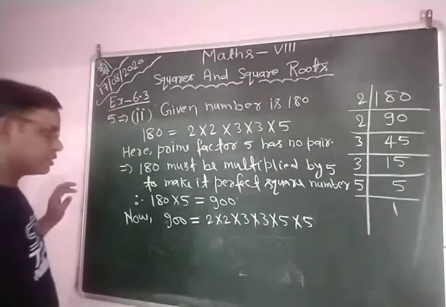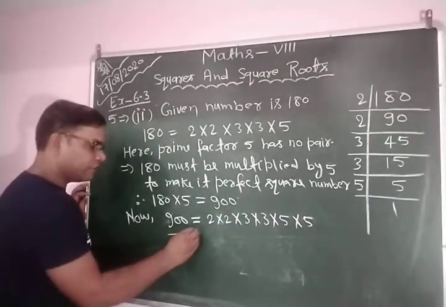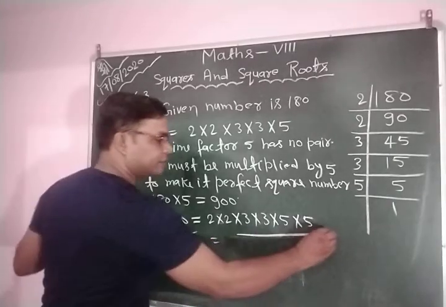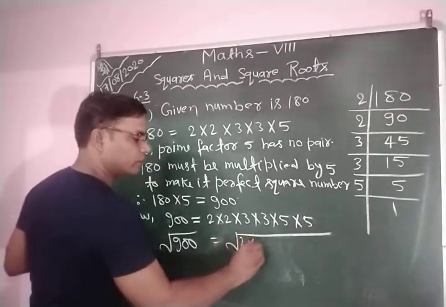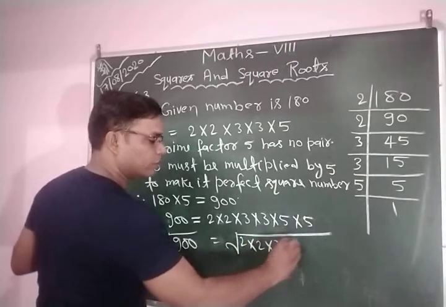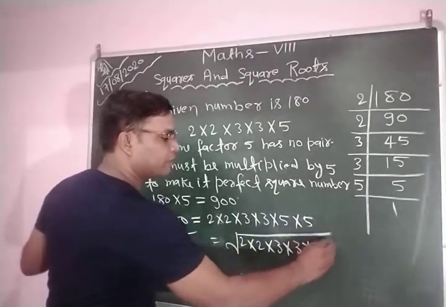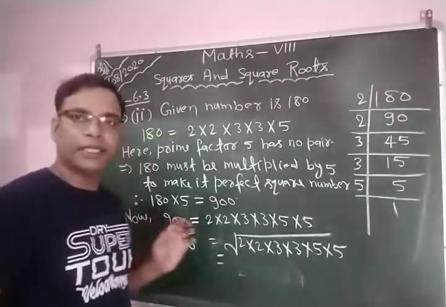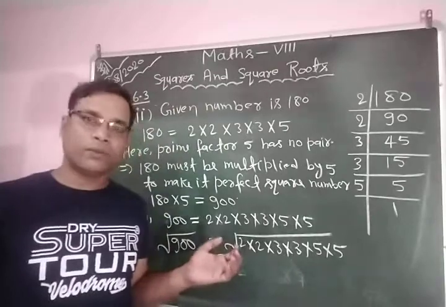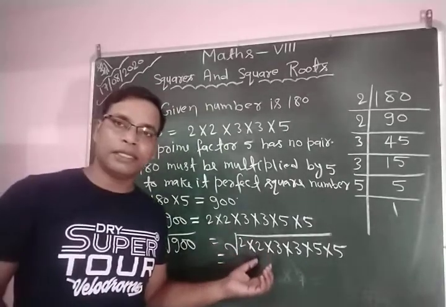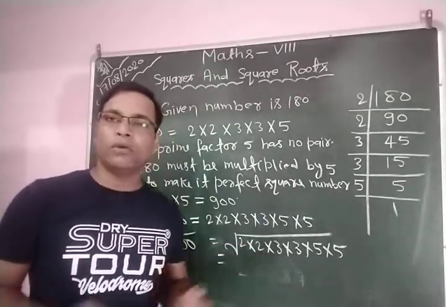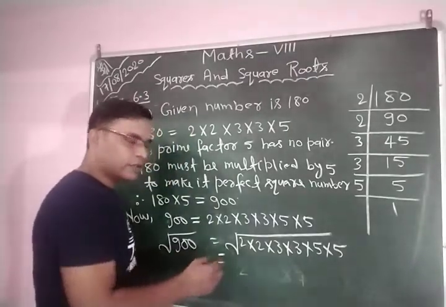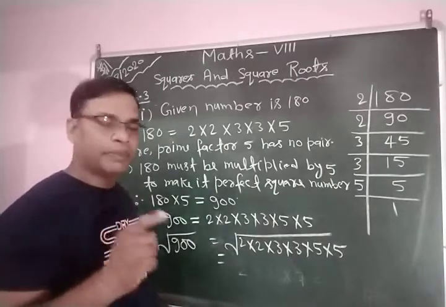Clear? So now we take the square root on both sides: square root of 900 and square root of 2 into 2 into 3 into 3 into 5 into 5. Now we take one prime number from each pair.